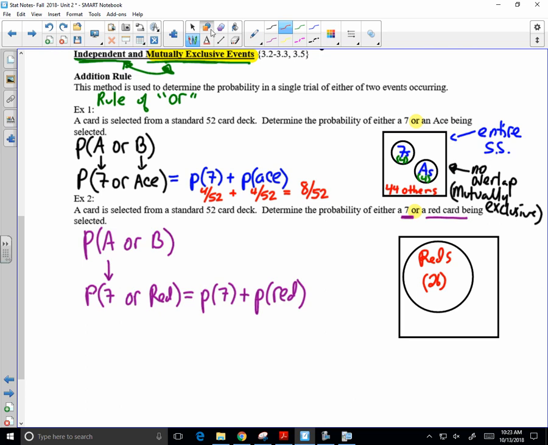The question would probably come when you're creating this of, well, how do I draw the sevens? Because there are some sevens that are also red. So we're going to have a little bit of overlap here. So these are my sevens.